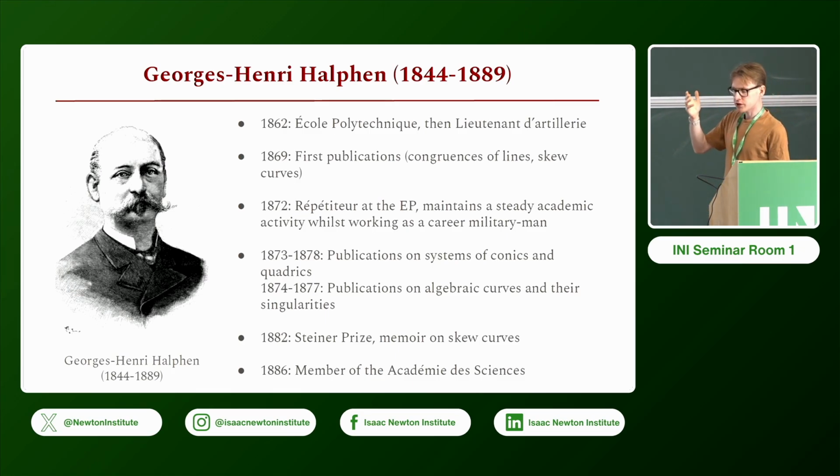He would go on to interact with Hermite quite a lot, although he didn't study with Hermite because he went to the École Polytechnique and then had a career as a military man, as a lieutenant d'artillerie. But someone who maintained a steady stream of publications and scientific activities all through his life, despite being very busy with his military duties. He wrote on quite an exhaustive array of subjects. I will only focus on a few.